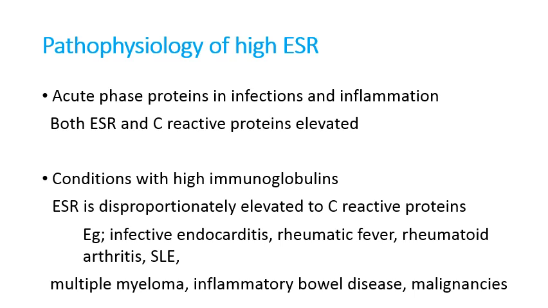For example, infective endocarditis, rheumatic fever, rheumatoid arthritis, SLE and other connective tissue diseases, and conditions like inflammatory bowel disease, multiple myeloma and malignancies. In these conditions, the ESR will be significantly elevated.